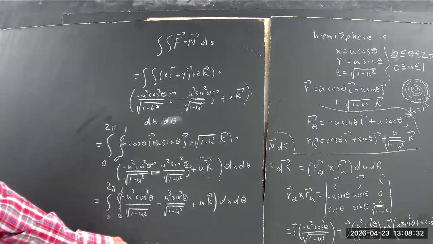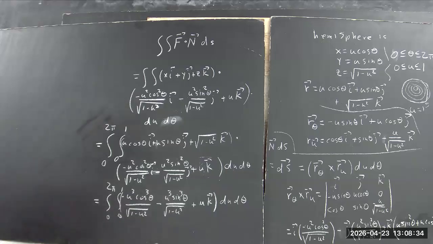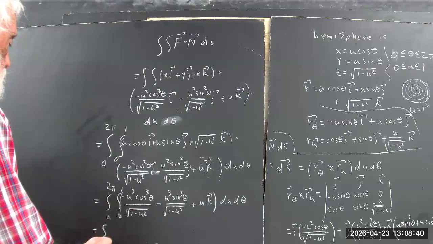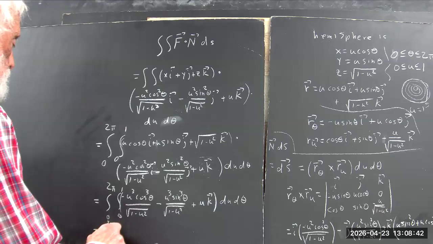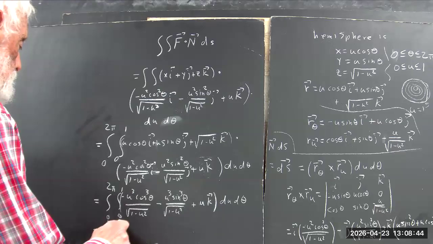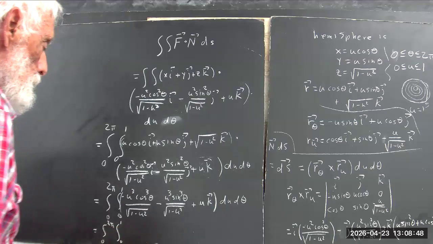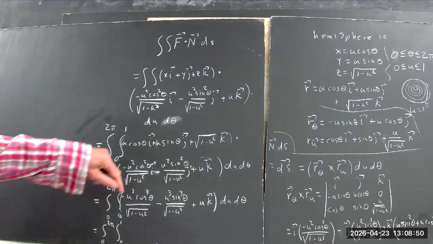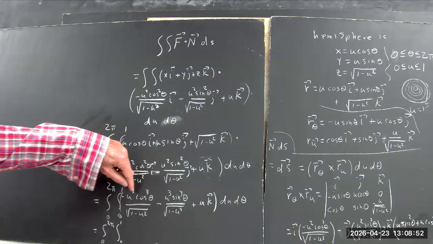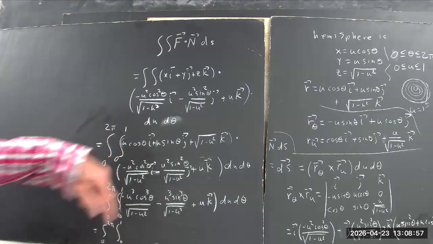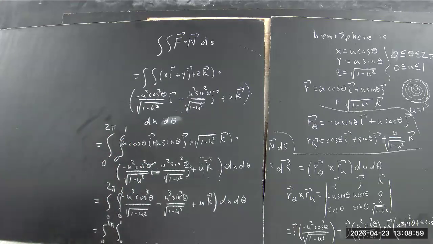See anything that they can do with this? Well, we have cosine cubed theta and a sine cubed theta, both with negative signs on them.